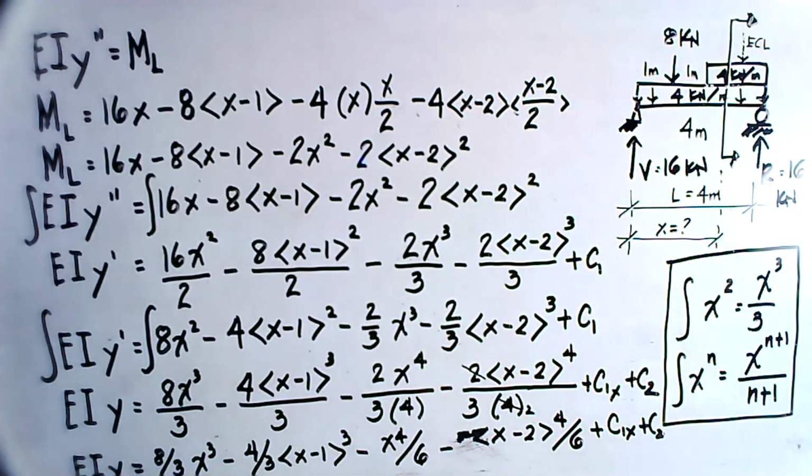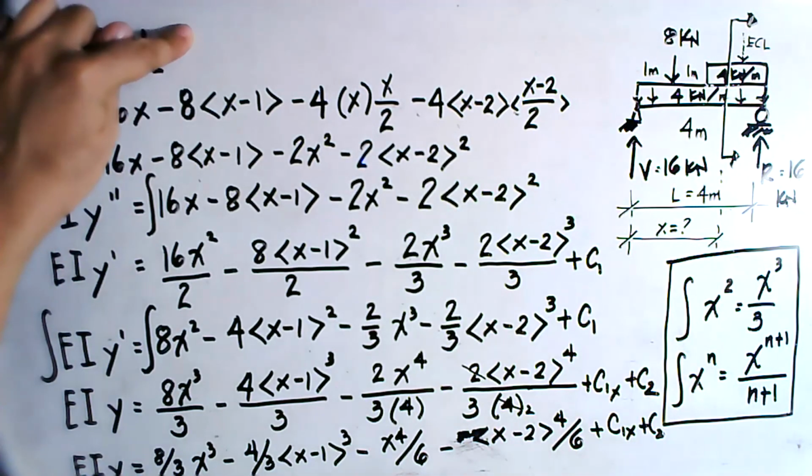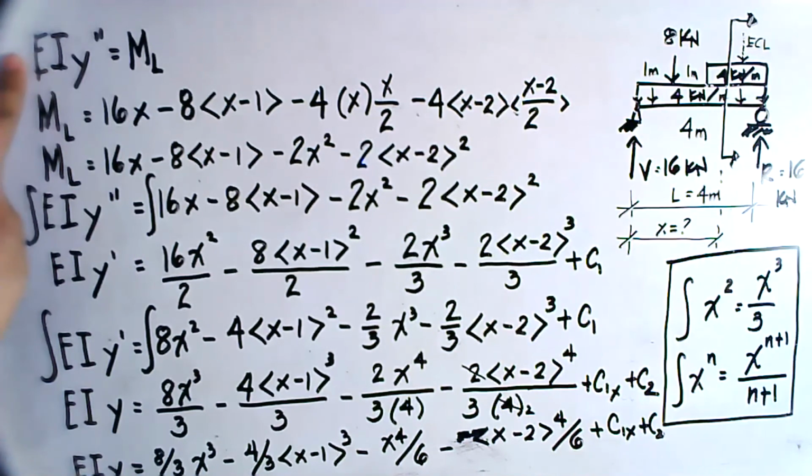So again, this is your moment equation. We wrote the moment equation to be used in the double integration that is equated to EI y double prime. Now we integrate EI y double prime, it would yield EI y prime.